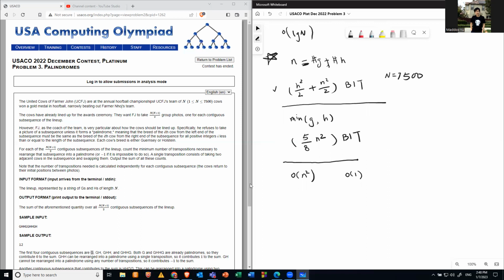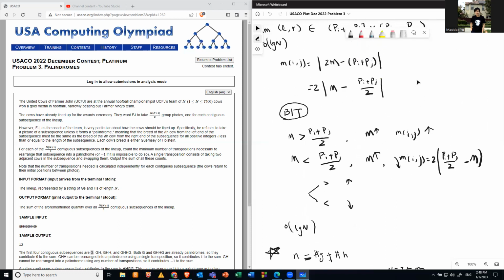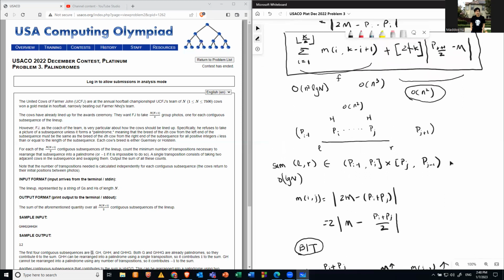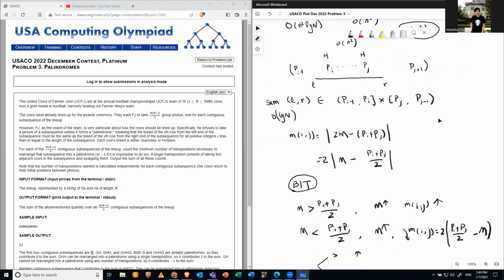So that's the solution for palindrome. It takes a little bit of math to do this, and please go back and revisit how we did the sum of absolute values using BIT in one of our previous classes.